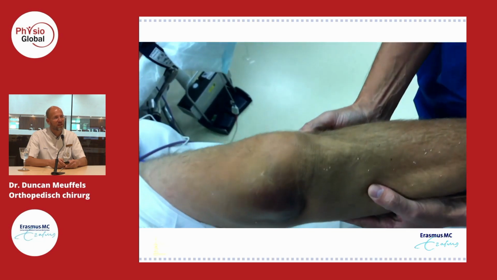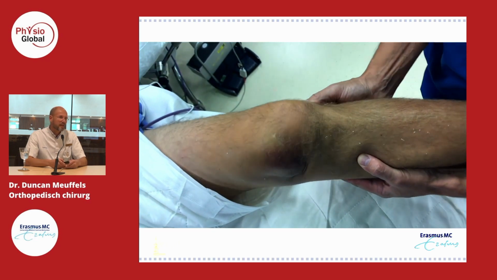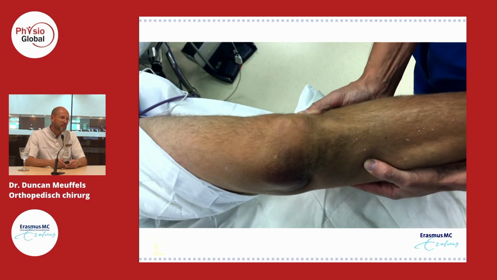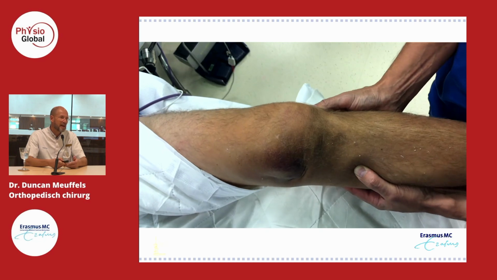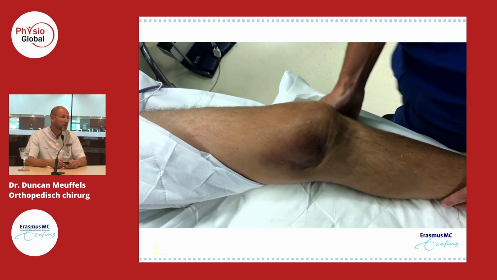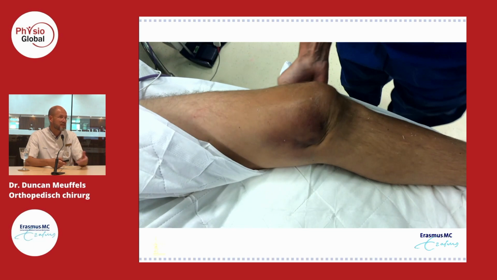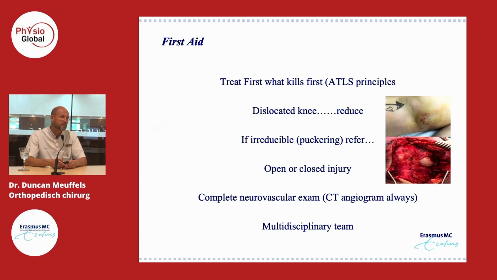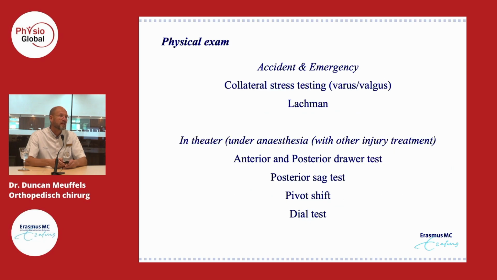And if you try with valgus and varus stress, the puckering doesn't go away, and you see how lax this knee is. So this knee has more than just injury of the ligaments, it's also dislocated, and the capsule together with the skin is into the joint, and you can't reposition this otherwise than open. So reduce it.